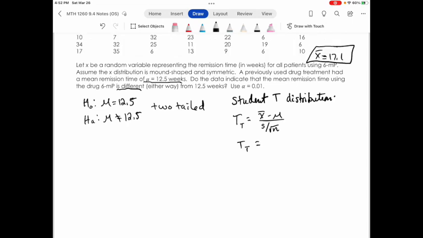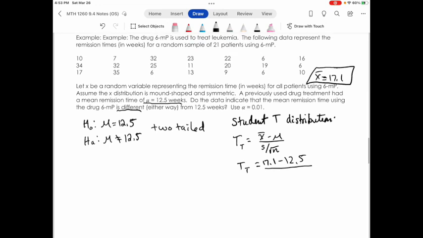Now, I did this ahead of time, and I know that the x bar is 17.1. If I don't give that to you, though, you're going to have to put that data in on your calculator and find that using your one variable stats. All right, so we have that the mean for the sample is 17.1. We're going to subtract the mean, which is 12.5.